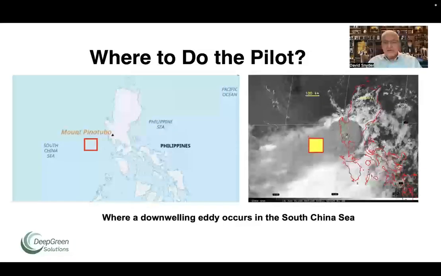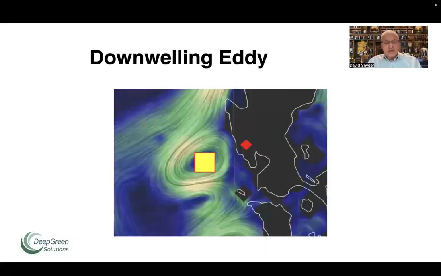And this is based on seeing that ash cloud from 1991 blowing into the South China Sea as shown here. And you can see that project area right in the middle. And with satellite observations, we know that downwelling eddies occur in that area from time to time. So our target would be in that zone.